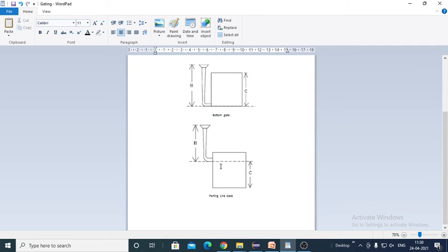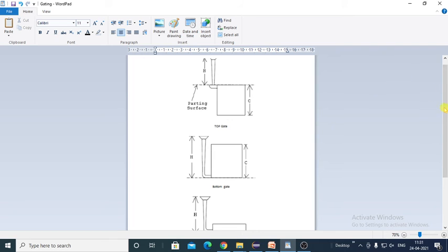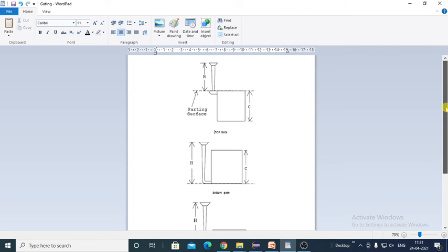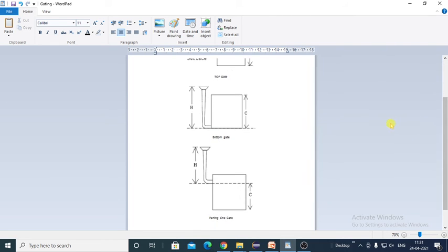The gate is provided in such a way that some portion of the mold cavity is below the parting line and some portion of the mold cavity is above the parting line. So these are the three gates: top gate, bottom gate and parting line gate.